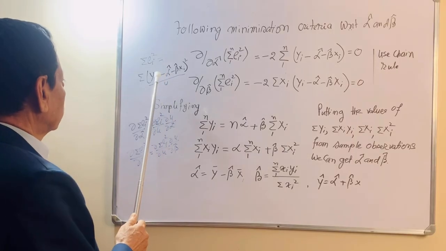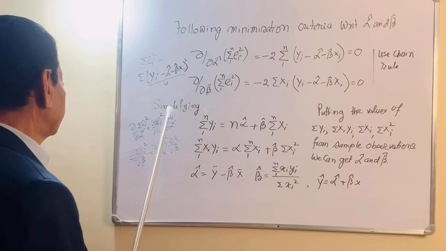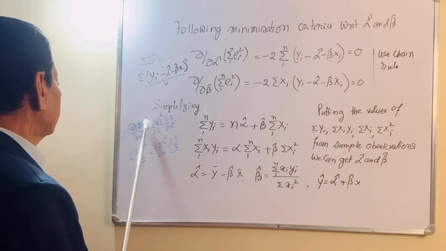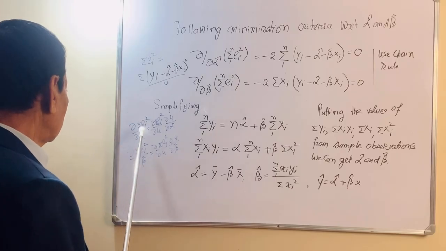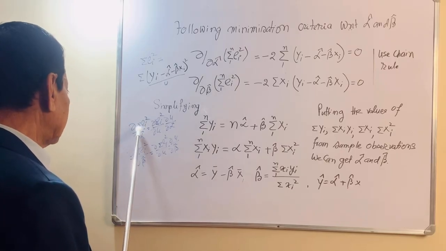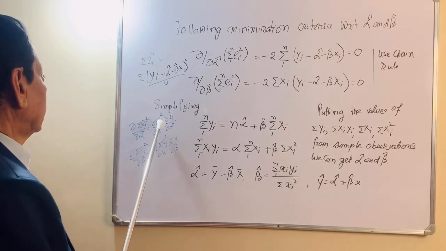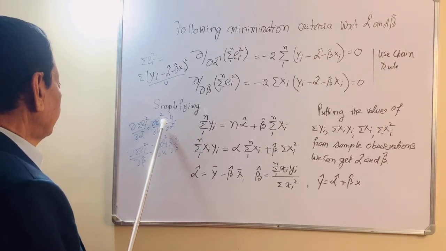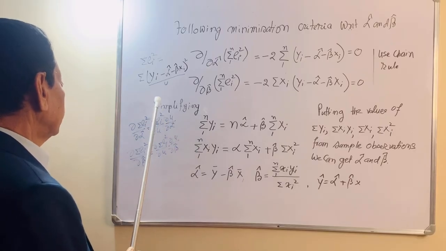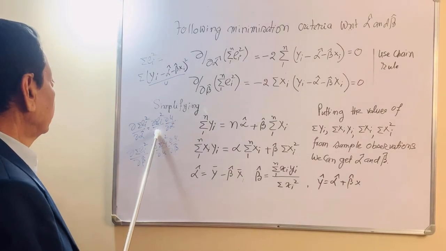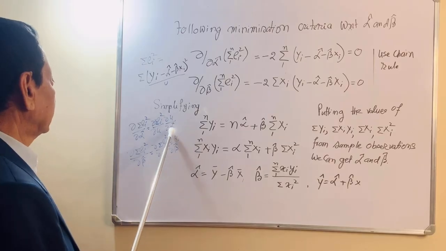Now to differentiate with respect to alpha and beta, delta summation ei square by delta alpha is equal to delta summation ei square by delta u into delta u by delta alpha.